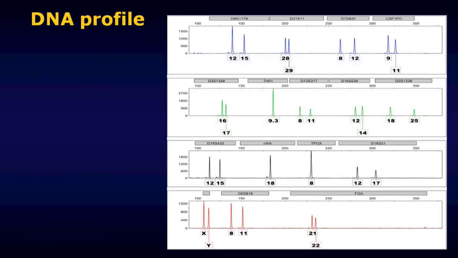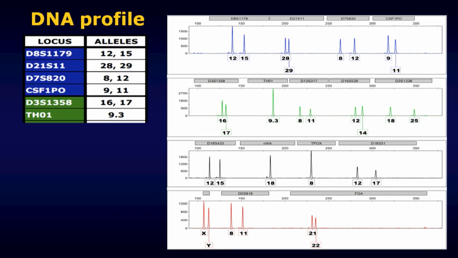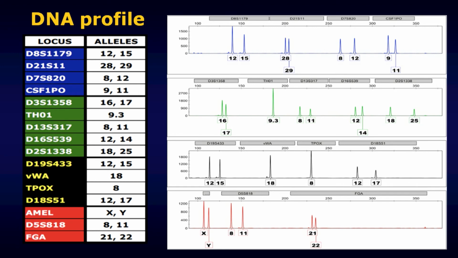Well, that's something that's been discussed at some length in another video as part of this series, but the long and the short of it is this: DNA profiles are essentially a set of peaks and valleys that you see associated with graphs. This particular slide is showing you a reference profile, the DNA profile that's been generated from an individual's reference sample. And to a large extent, a DNA profile can be reduced down to a series of numbers.